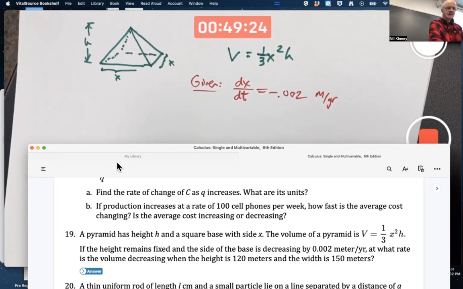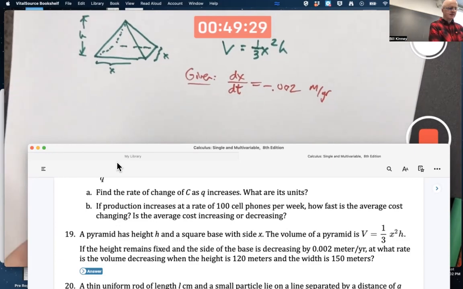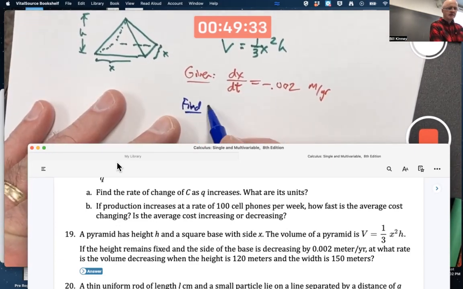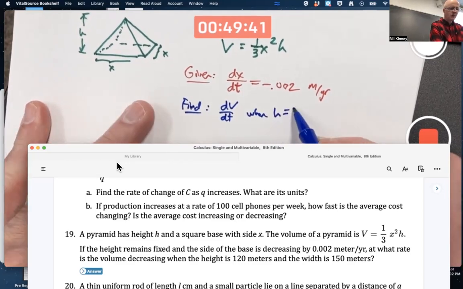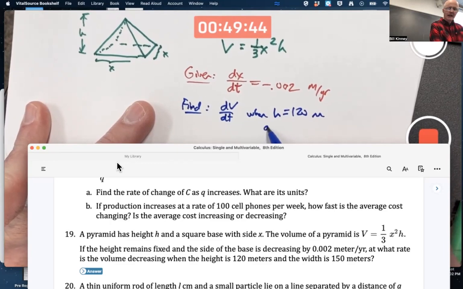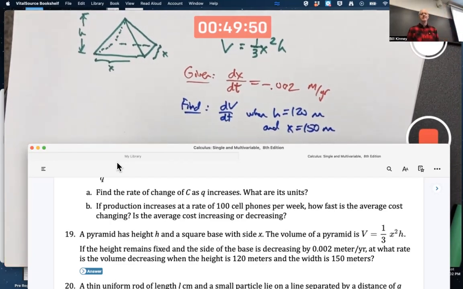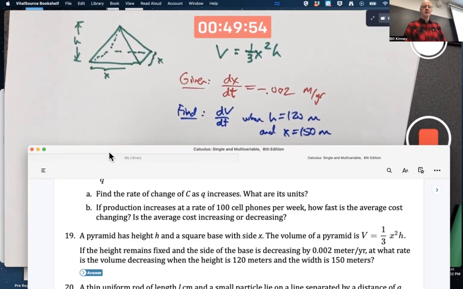The question says, at what rate is the volume decreasing? Find dV/dt when the height is 120 meters and the width, which is x, is 150 meters. That's what we want to do.